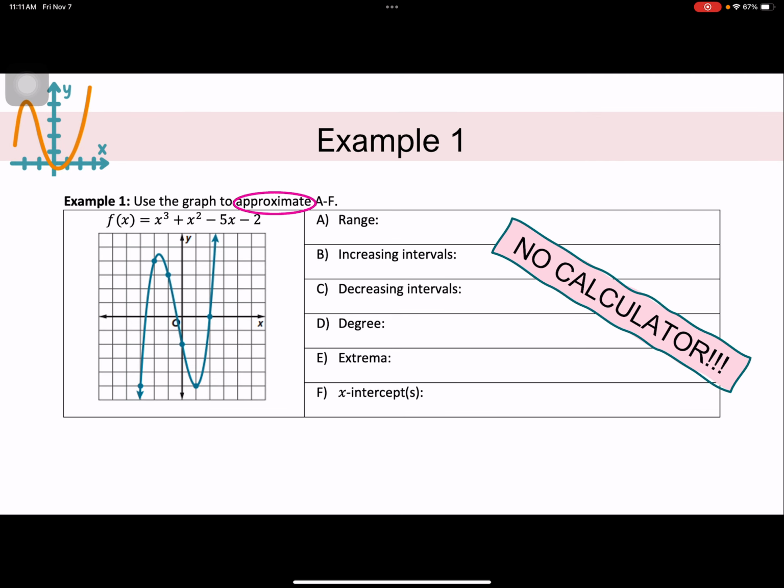What we're doing now is example 1 on page 5. Okay, you are going to use this graph and approximate the answers of A through F. So I would like whoever's running the video to again pause and let everyone do this and then push play again when you're done.